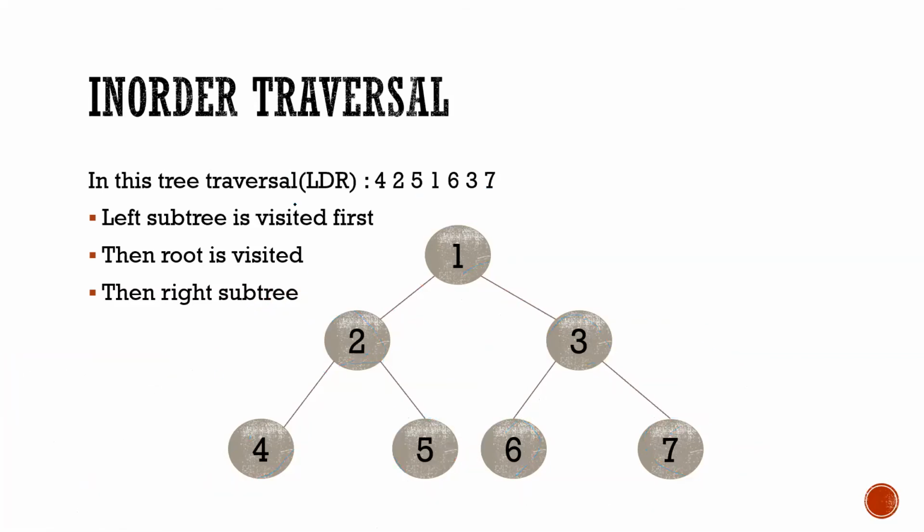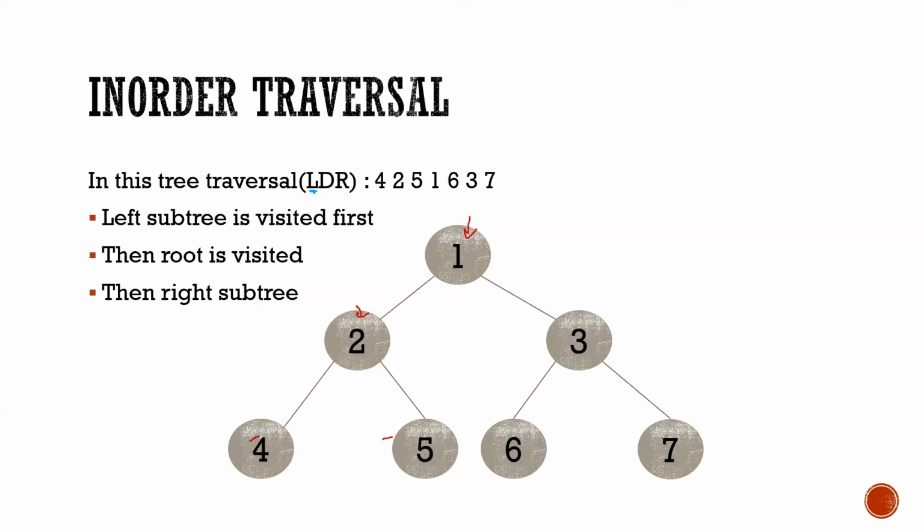First left, data, right. For left, we'll first take the data part, that is root node 1. The left subtree will be this one, 2, 4, 5. After that, for the data part, there is root node 2. The left node will be 4 and the right will be 5.